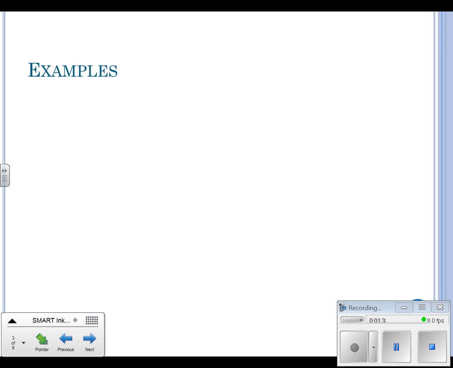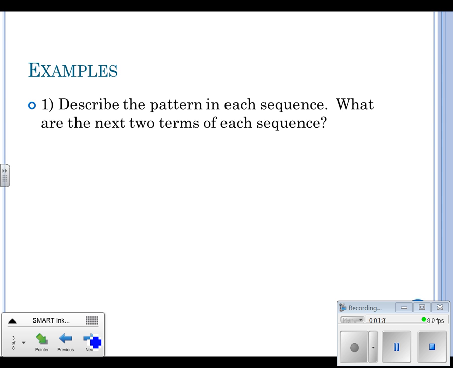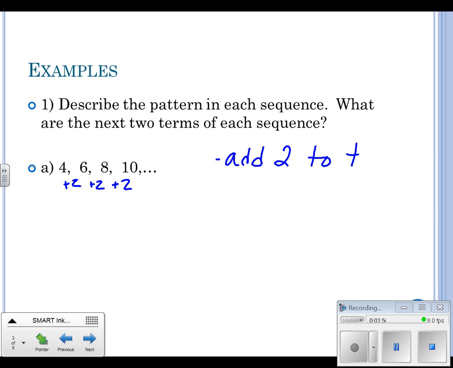Some more examples here. Describe the pattern in each sequence and what are the next two terms of each sequence. So 4, 6, 8, 10, we see that we're adding 2 every time. So to describe that, you would say add 2 to the previous term.